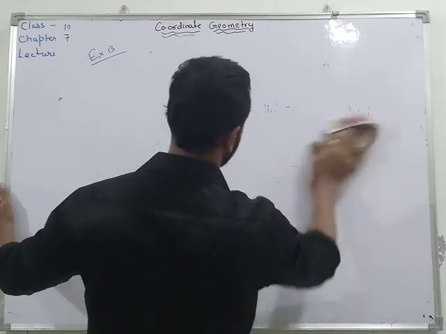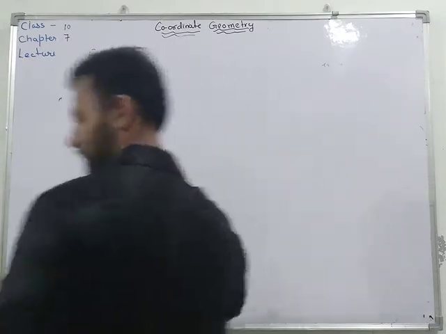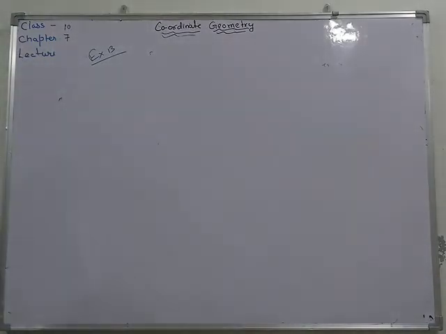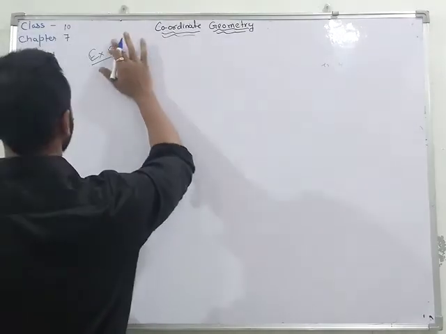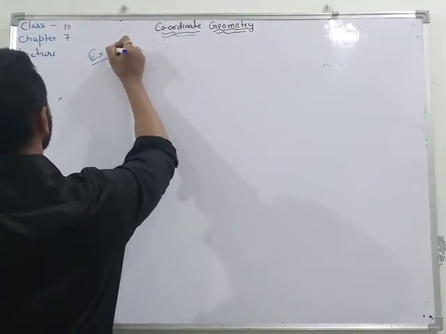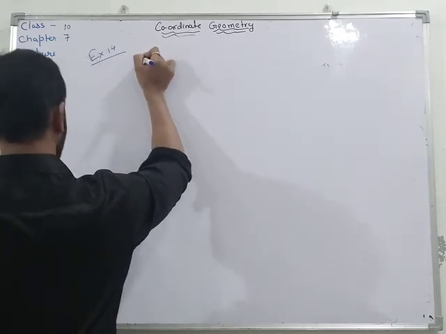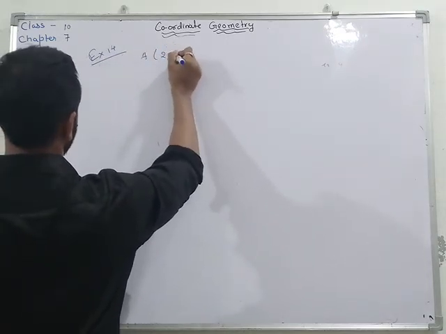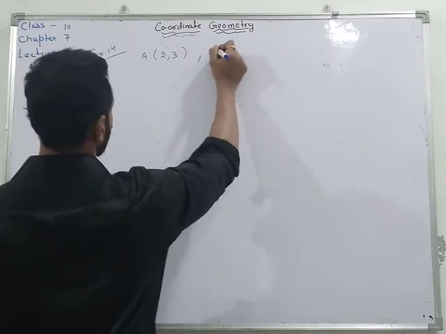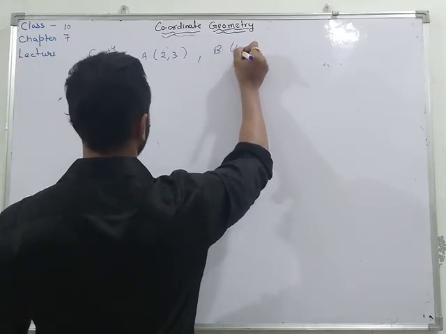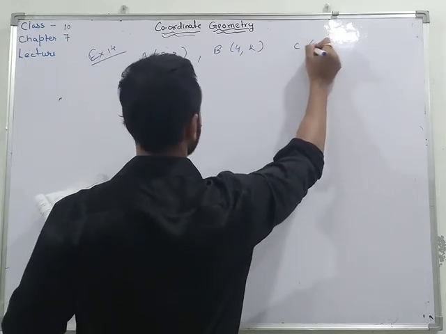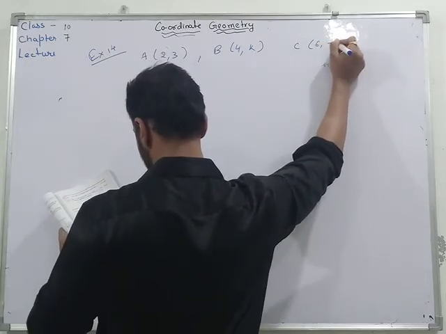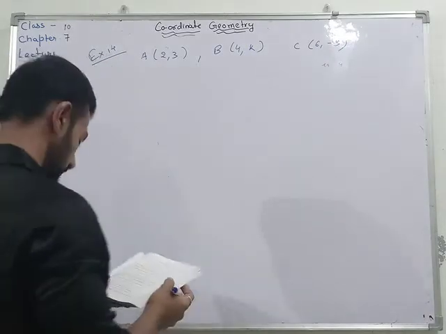Example number 14. Find the value of k if the points A (2, 3), B (4, k) and C (6, -3) are collinear.